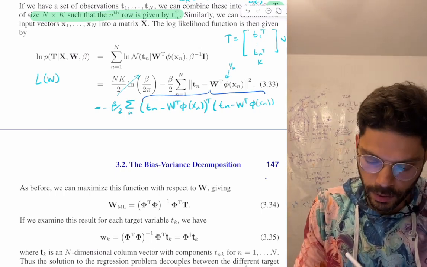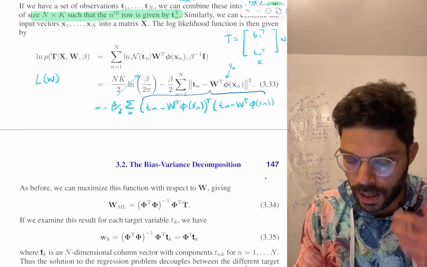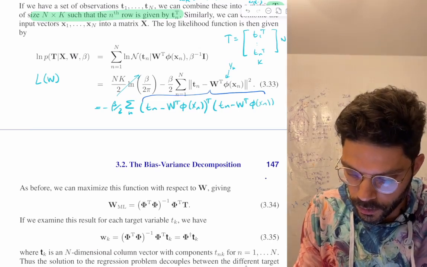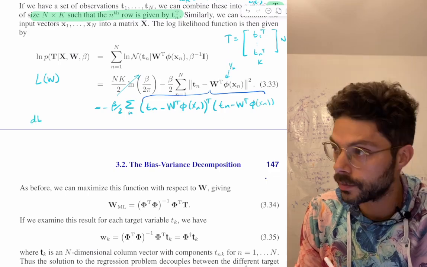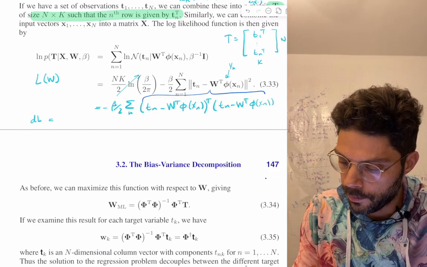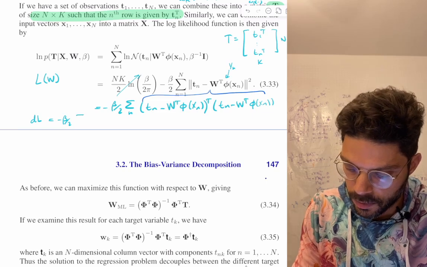All right, so now we're going to play our normal game. We're going to compute the differential. So how much does L change when W changes? So dL is going to be minus beta over 2 times the sum on n.